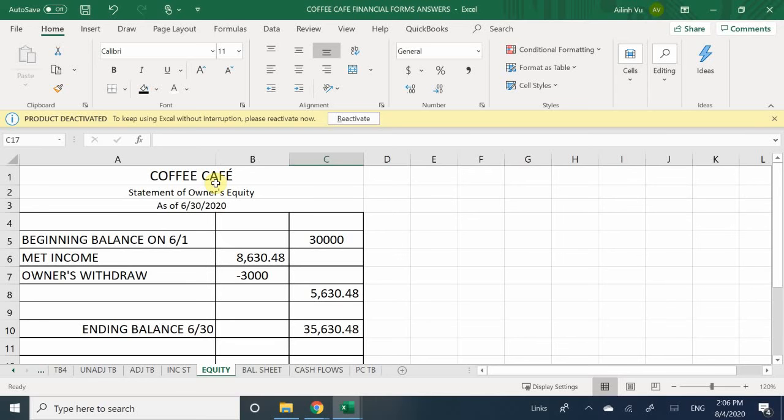In that case, it's going to go against the net income, because in a sense, we're going to pocket $3,000 worth of it, and then we're going to dump the rest into and reinvest into our company. So this is exactly what it's showing us right here.